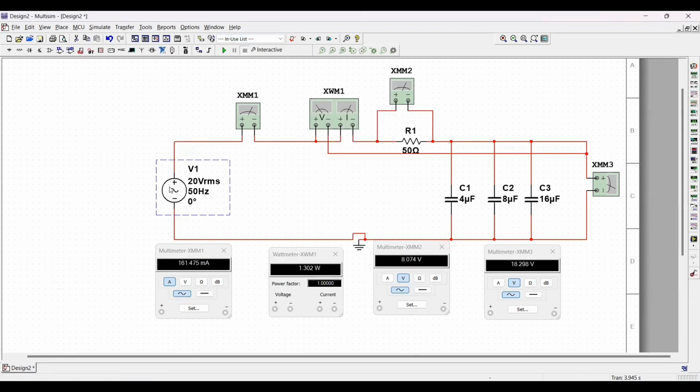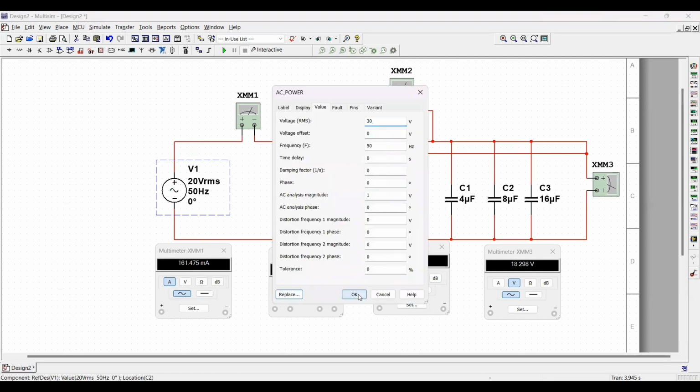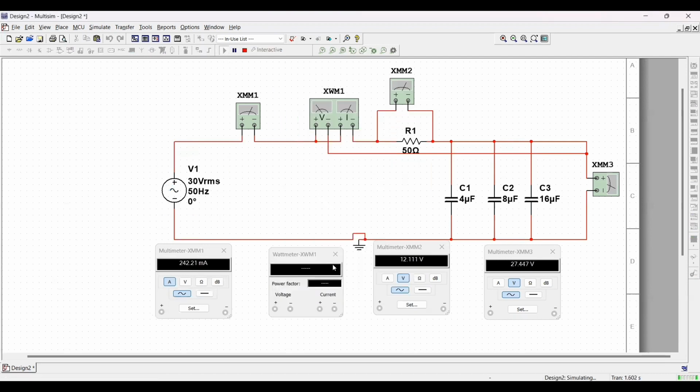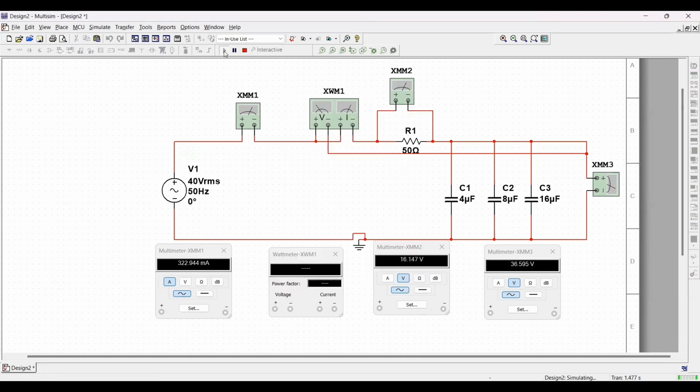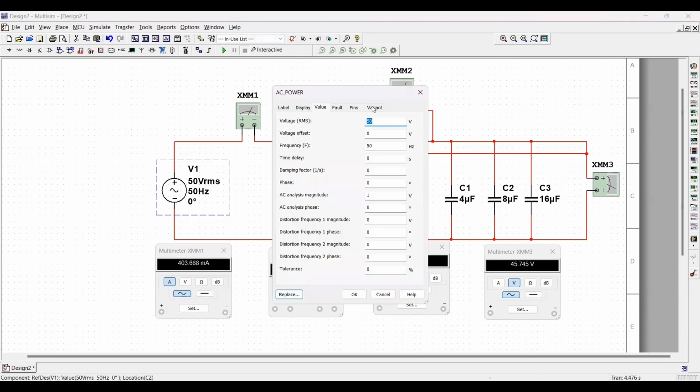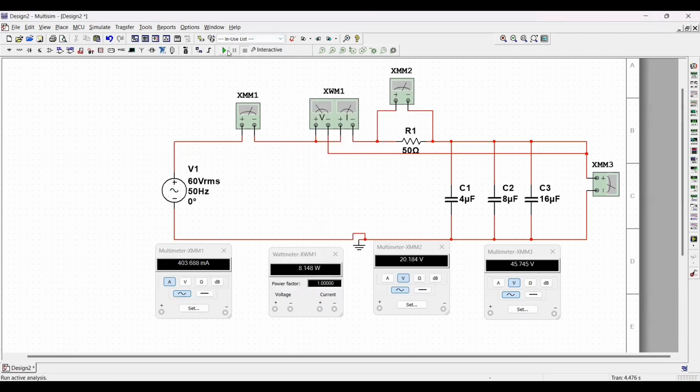For 20, we have to run for 10 until 100. Then this is for 30 volt. This is 40, the value. This is for 50 volt. This is the result. 60 volt, this is the value for the 60 volt.